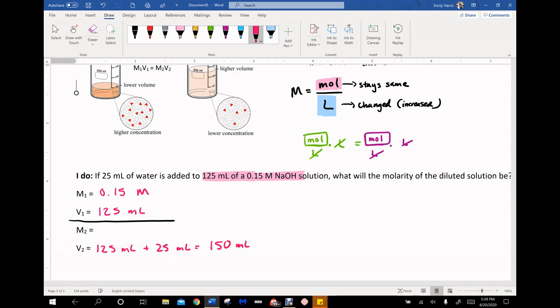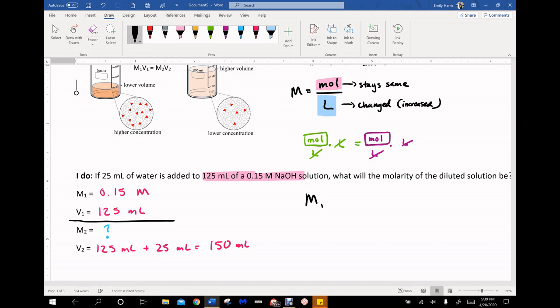The nice thing about the dilution formula is, since the liters technically cancel out within the formula, we can use milliliters just as long as all of the volumes are in milliliters. Then that gives us all the information we need to solve for the second molarity after dilution.